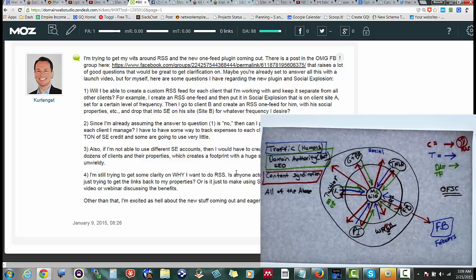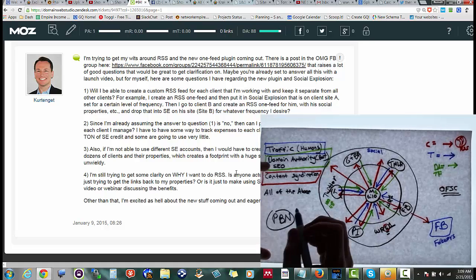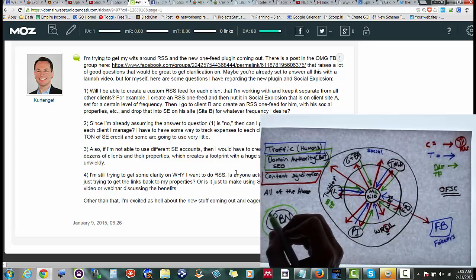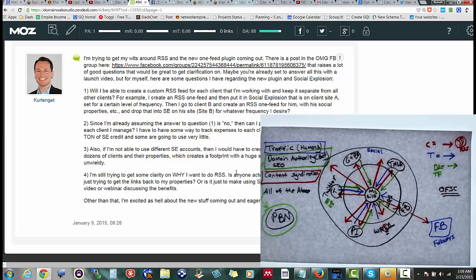What should be clear about PBN models, and there's nothing wrong with them, hey, we use them, is that PBNs are only about manipulating page rank, page authority, domain authority, and theme authority, which we talk about. When you understand that, then you understand what PBNs are about. Doesn't make them wrong, it just makes them very, very focused on SEO. And the way that you would use RSS has to be really clear.